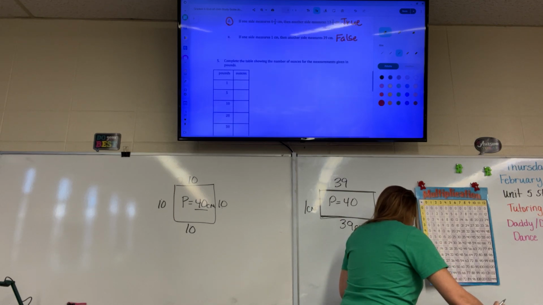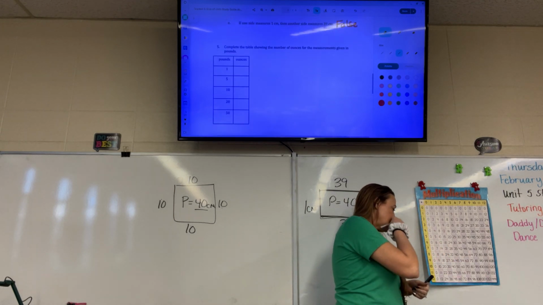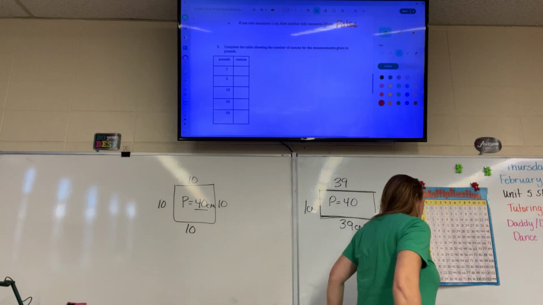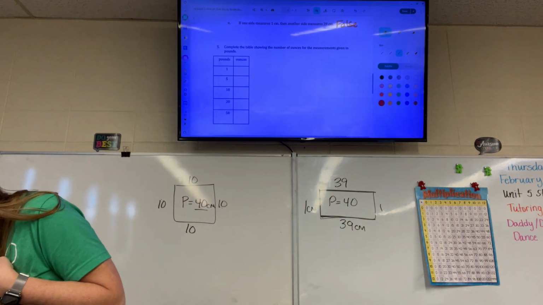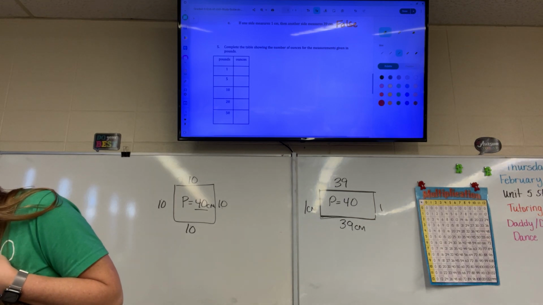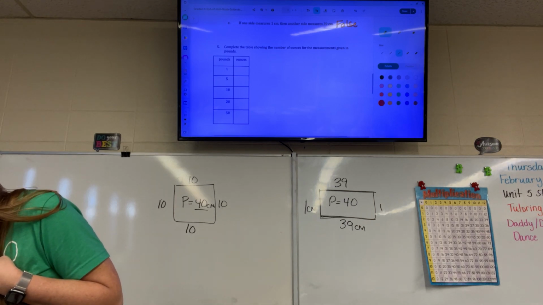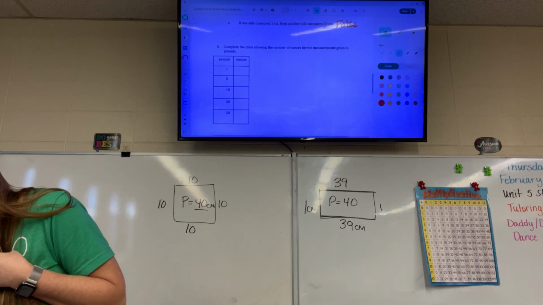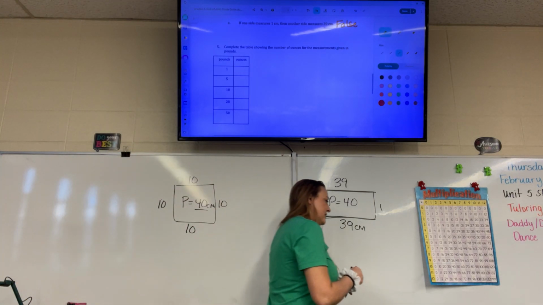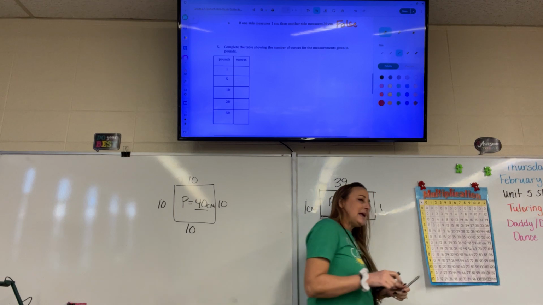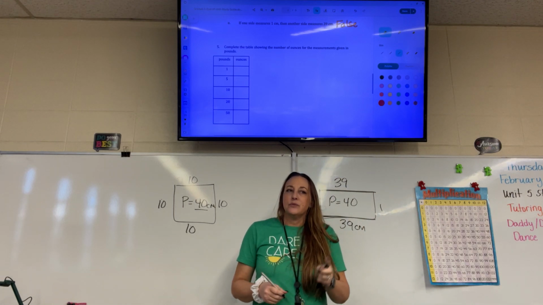Complete the table showing the number of ounces for the measurements given in pounds. Okay, on your conversion table, I want you to look for the type is weight, the larger unit is pounds, the smaller unit is ounces. It's at the top of the second set. How many ounces are there in 1 pound?